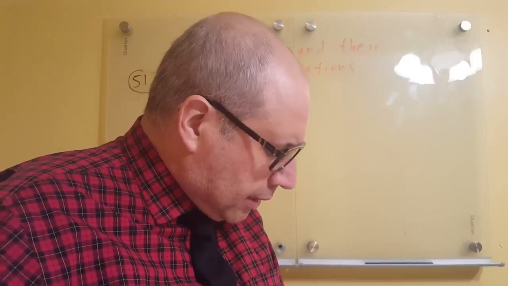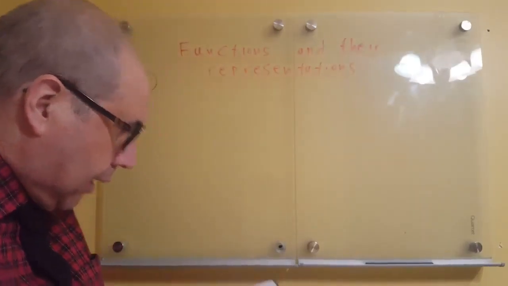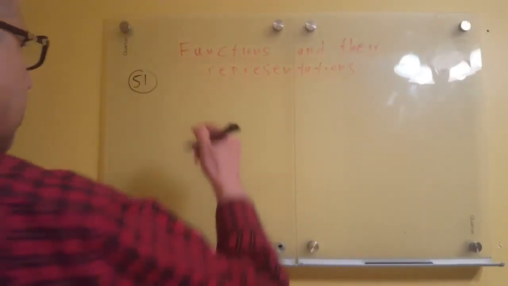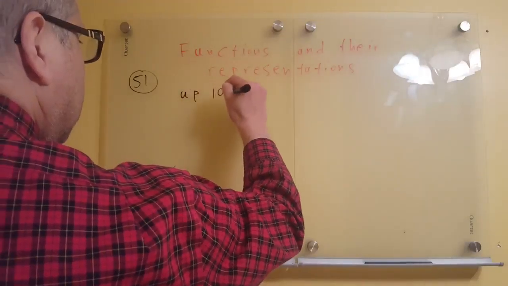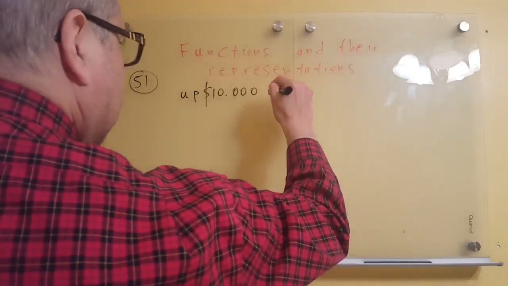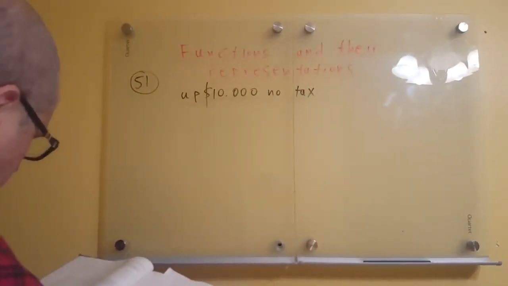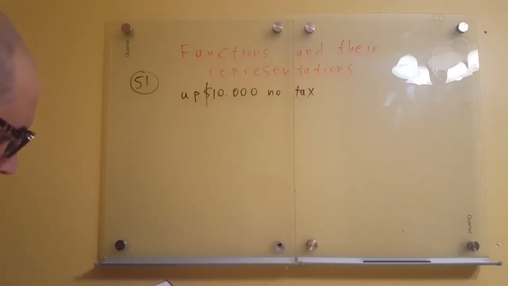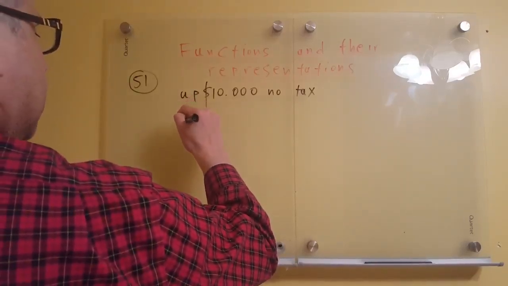There is no tax on income up to $10,000. So up to 10,000, no tax. Any income over the 10,000 is taxed at the rate of 10%.